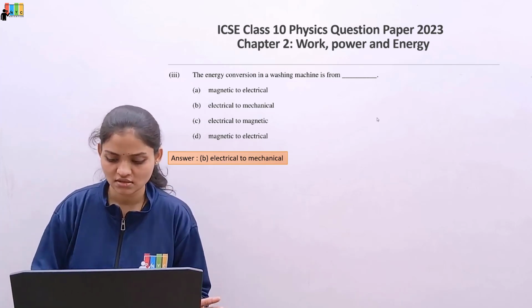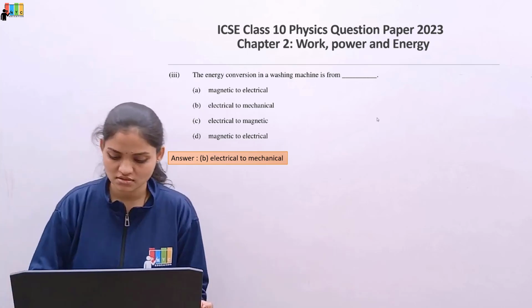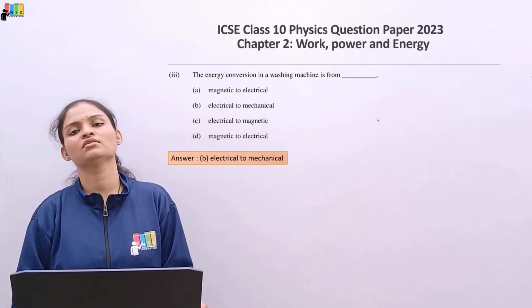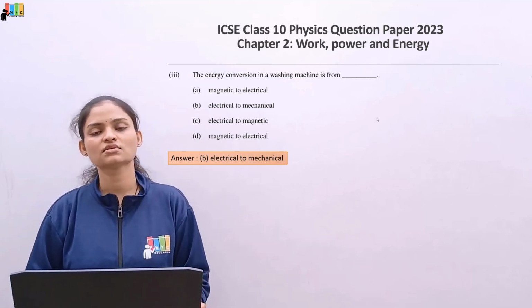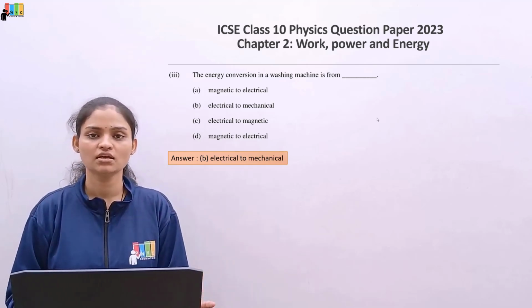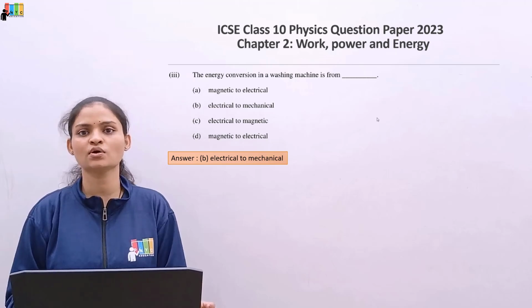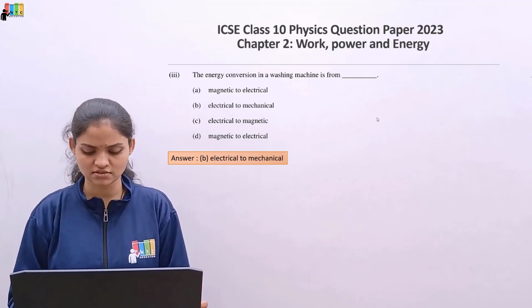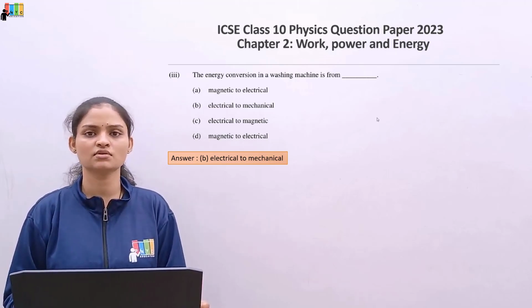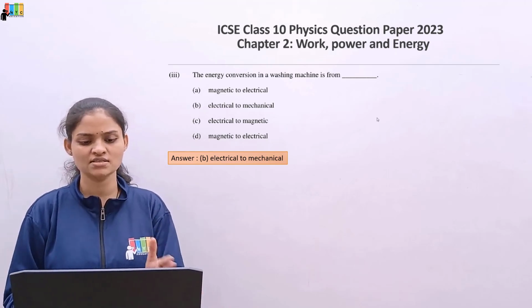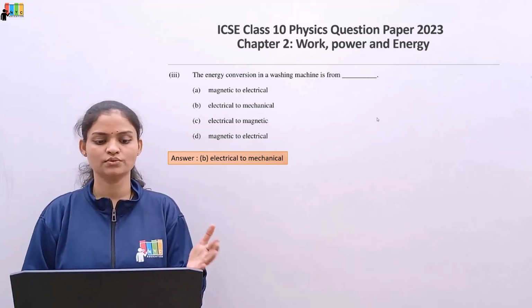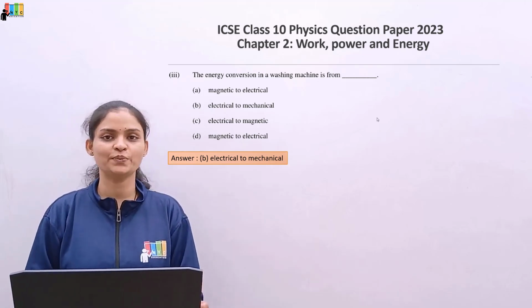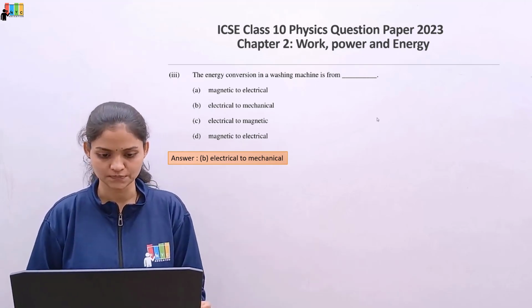This is a very simple question. It is observed that there is at least one question from this chapter based on energy conversion. So if you use basic logic, you can easily answer these types of questions. So the correct answer is B, electrical to mechanical.